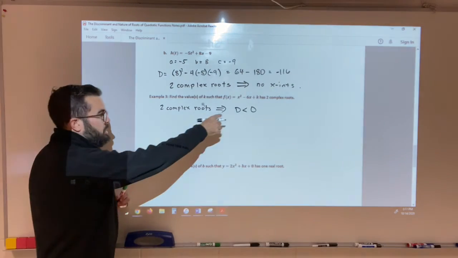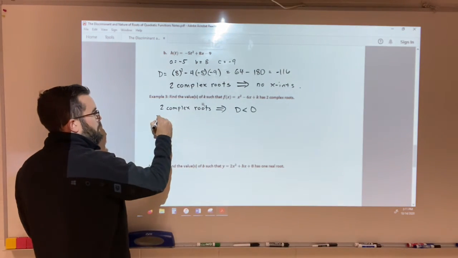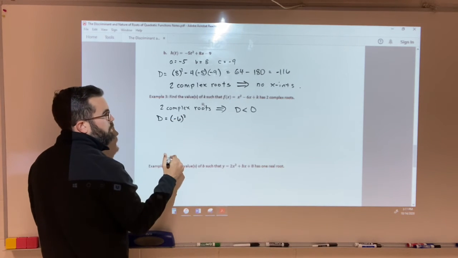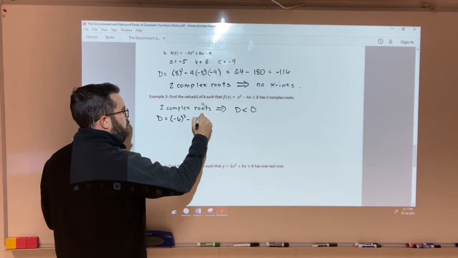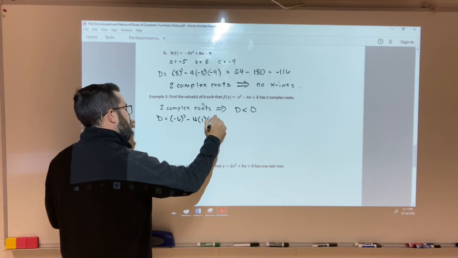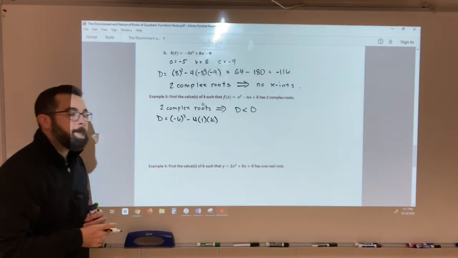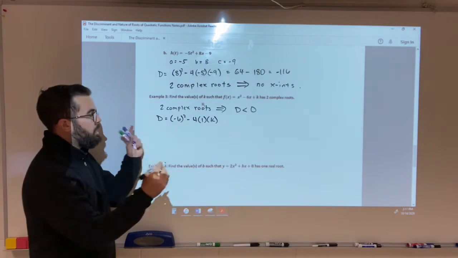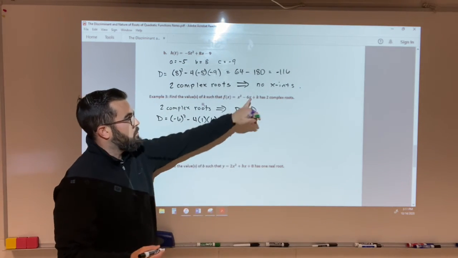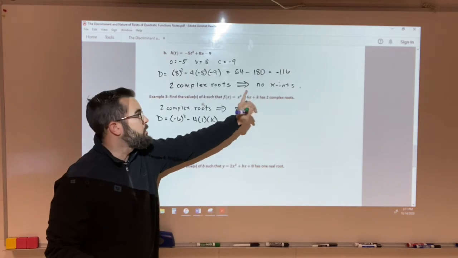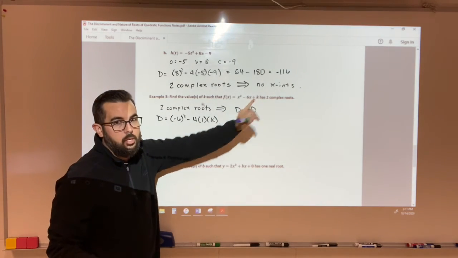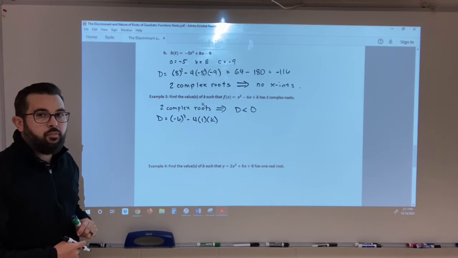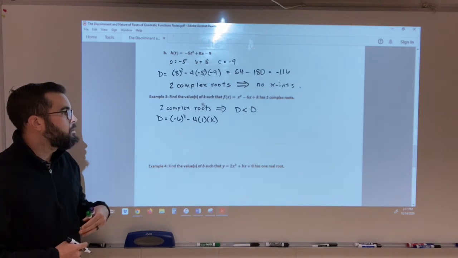All right, so using that fact, the discriminant is equal to negative 6 squared, that's b squared, minus 4 times 1 times k. I'm just plugging in what a, b, and c would be. c would be k, which I know is a variable, but you'll see in a second what we're going to do with that to figure out what values k can take.